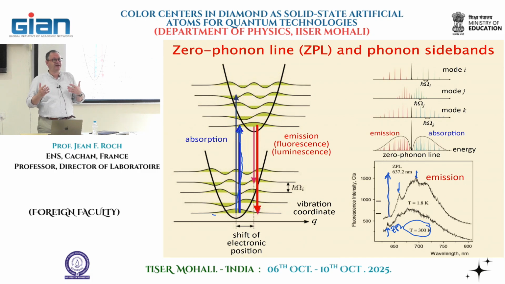Indeed, you can think about using these properties for measuring, for instance, the temperature. But since the lines are rather broad, this is not very efficient.